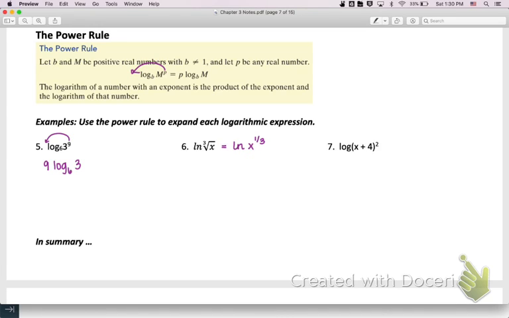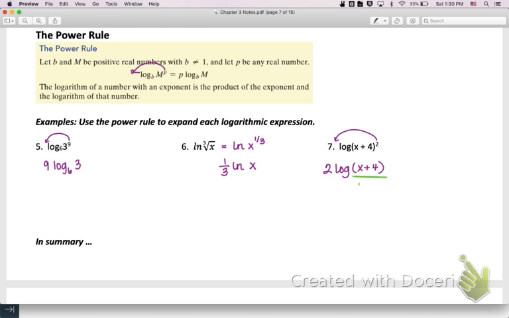So the natural log of x to the 1/3, that 1/3 is going to jump out to the front, so that becomes 1/3 times the natural log of x. Okay, and then this last one, we can't do anything with that x plus 4. There's no rule for addition, but this does become 2 times the log of x plus 4. And that would be the answer.